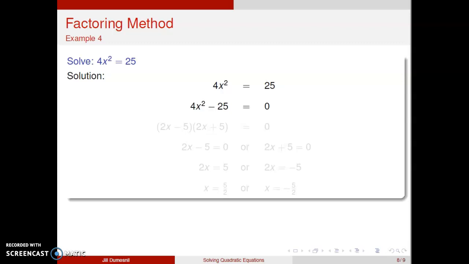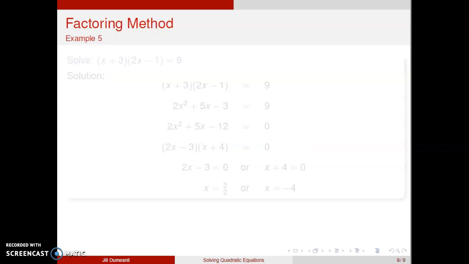We can factor 4x squared minus 25 as (2x minus 5) times (2x plus 5), and we have a product equaling 0. Using the zero product theorem, we set each factor equal to 0 and solve the resulting equations for x. We get that x is 5 halves or x is minus 5 halves.